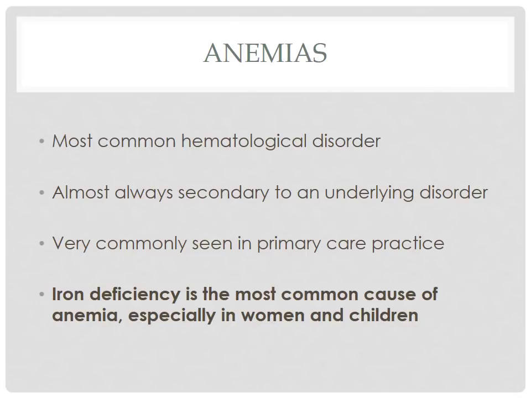It's almost always due to some other underlying issue, and so the trick with anemia is figuring out the cause so it can be corrected. It's extremely common to see in primary care, but you can see it in a variety of different fields. And of the anemias, please remember that iron deficiency is by far the most common anemia, and it's especially more common in women and children.